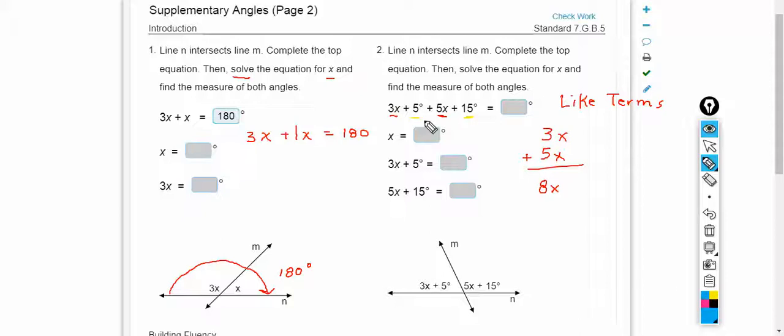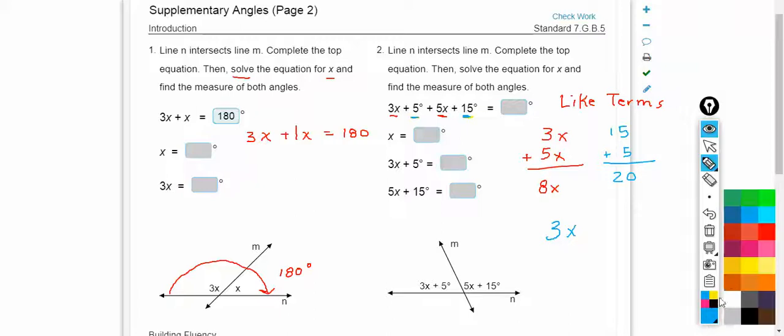So we can add the 15 and the 5 and get 20 because they're like terms. But what we can't do is do 3x. I have another color option. Let's go with the green.